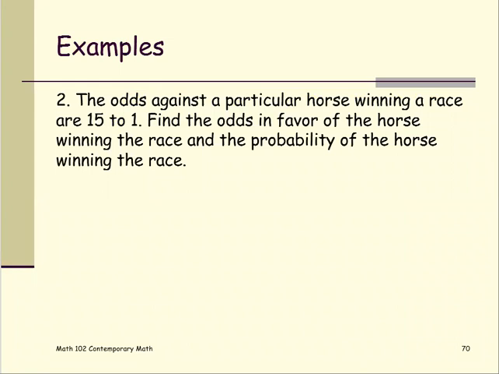For the second example, the odds against a particular horse winning a race are 15 to 1. Find the odds in favor of the horse winning the race and the probability of the horse winning the race. So the first part asks for the odds in favor, and the second part, find the probability.